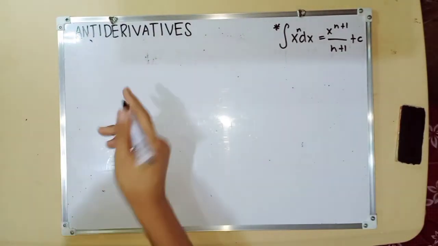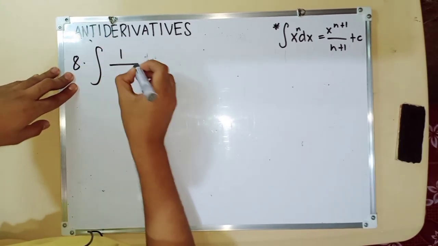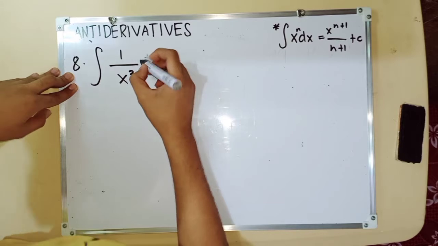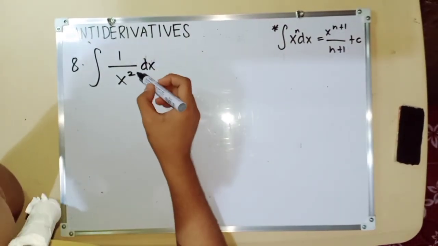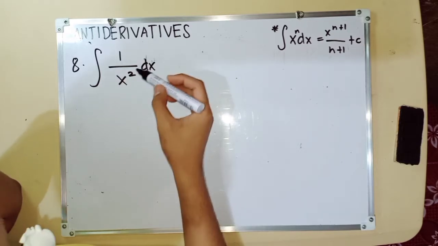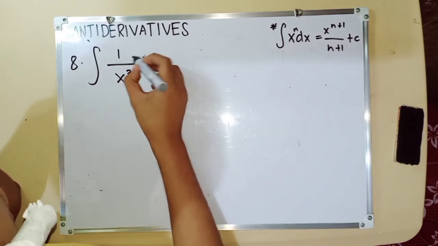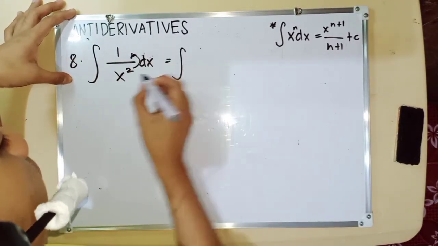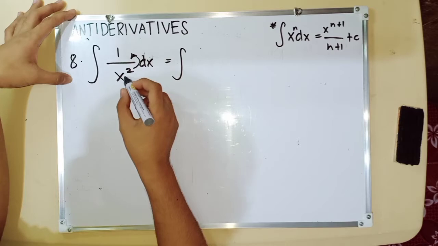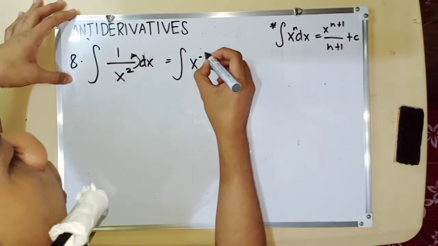So, what about the antiderivative of 1 over x squared? Sa problem na ito, pwede nating itaas mula sa denominator papuntang numerator ang x squared. Pero mag-iiba ito ng sign, from x raised to the power of positive 2 into x raised to the power of negative 2.